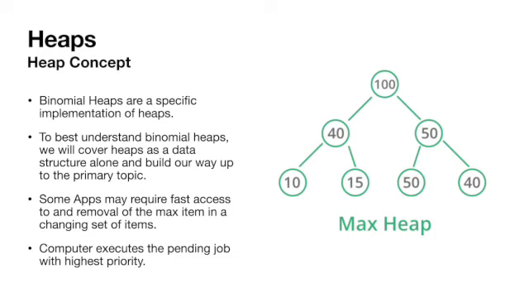Example, 4 pending jobs have priorities of 20, 12, 90, and 42. The computer would execute the priority of 90, then proceed in descending order. And of course, as new jobs arrive, they will arrive with a priority and be queued as such. The computer executes the pending job with the highest priority.